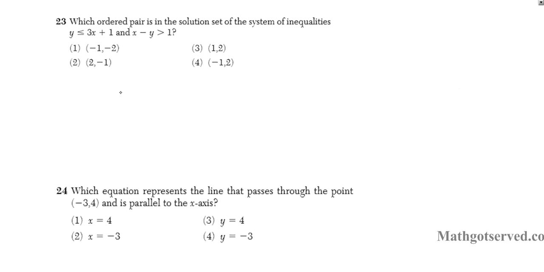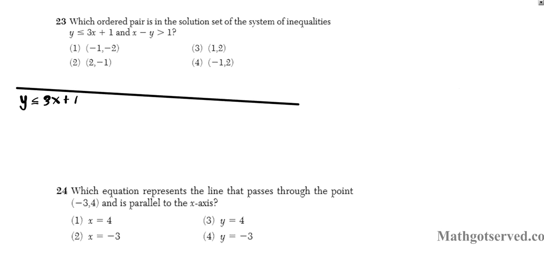I'm going to put the inequalities on the left, and then the test points as the columns. The first inequality we're going to be testing is y less than or equal to 3x plus 1.